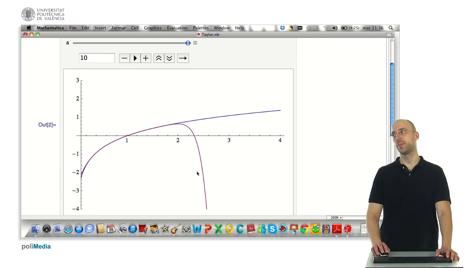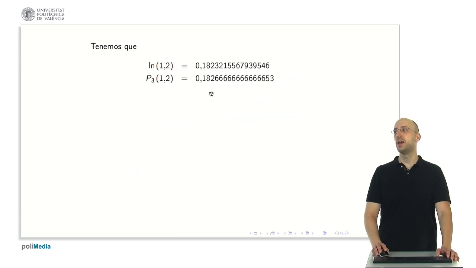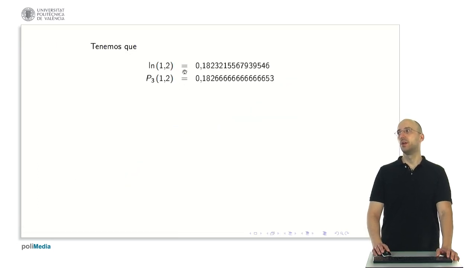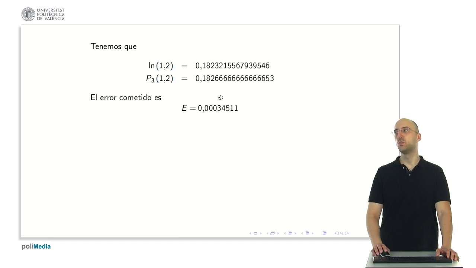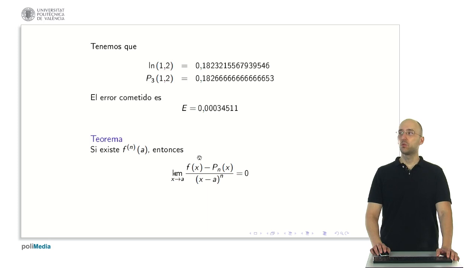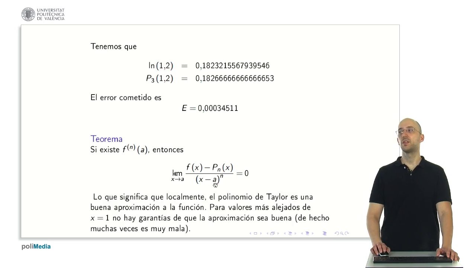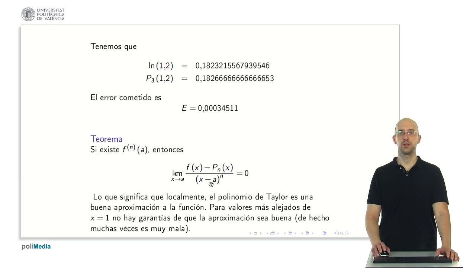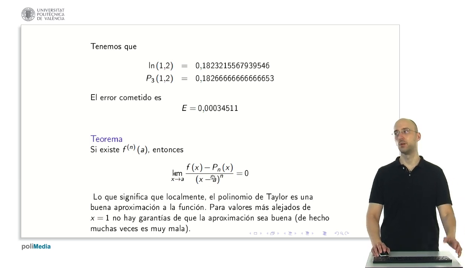However, outside of this region, they diverge significantly. The error is quite negligible, given that the result for the logarithm is 0.1823, while the polynomial yields 0.1826. As a final note before I conclude, I'd like to emphasize that if the nth derivative exists, this limit tends to 0. In other words, the polynomials progressively approach the function, resulting in smaller and smaller errors.